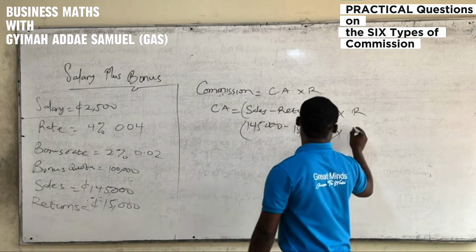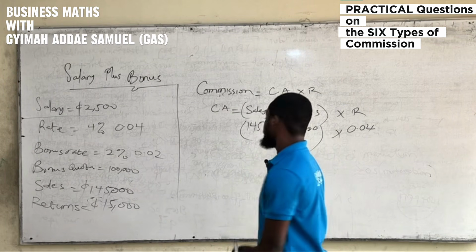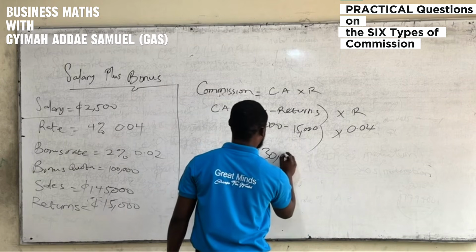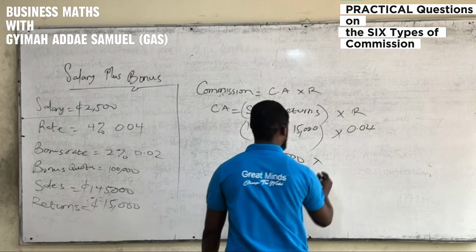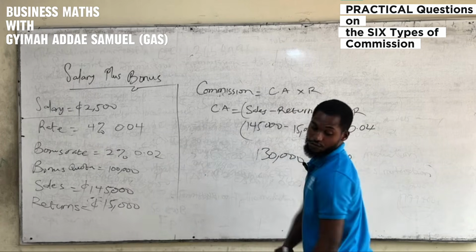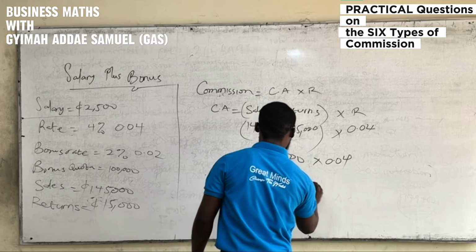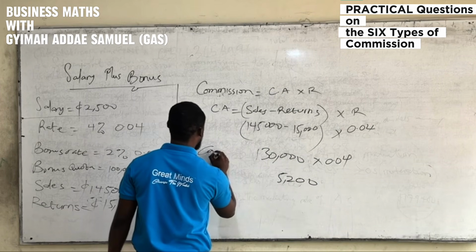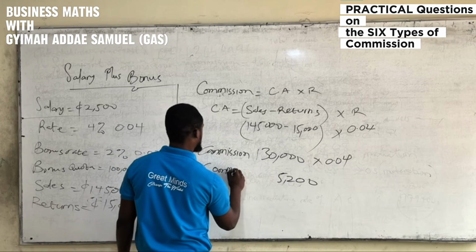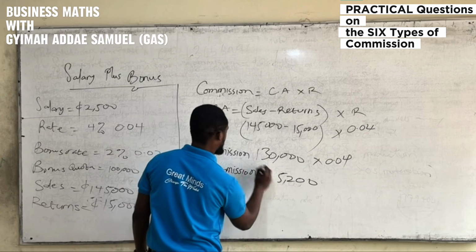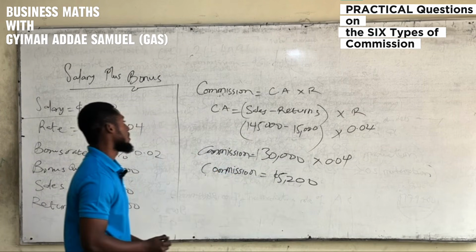The rate was given to be 0.04. So the commission amount becomes 130,000 Ghana cedis. Then you multiply it by your rate 0.04, getting 5,200 Ghana cedis as our commission.